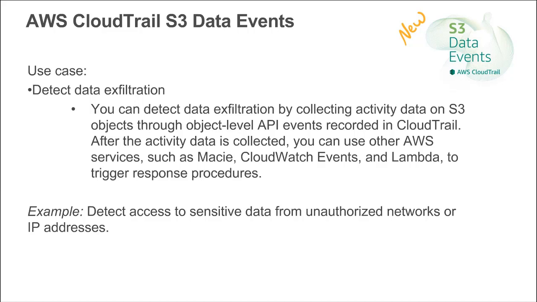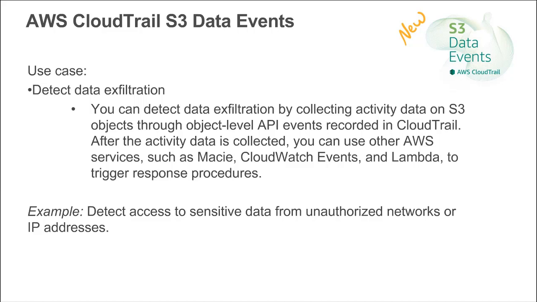Now let's talk about how you can use S3 data events in terms of a use case. The use case that I'm talking about here is detecting data exfiltration. You can detect data exfiltration by collecting activity on your S3 objects using your CloudTrail data events.